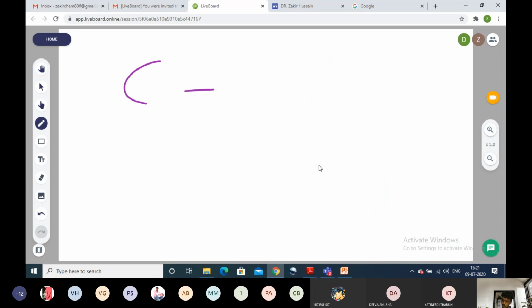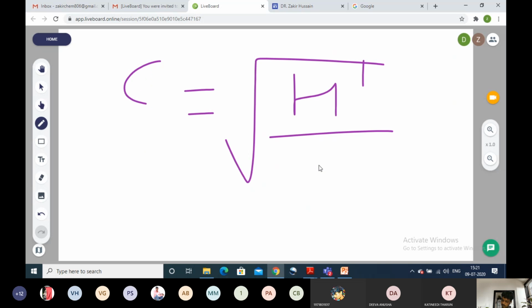C is equal to root of H dash by 2jg. Okay, this is c.